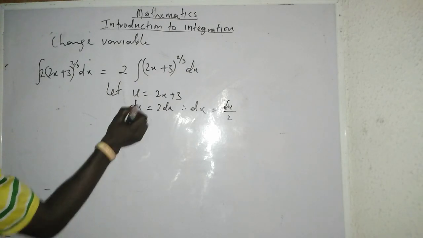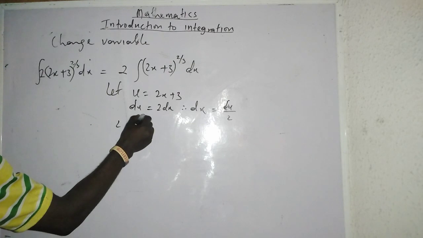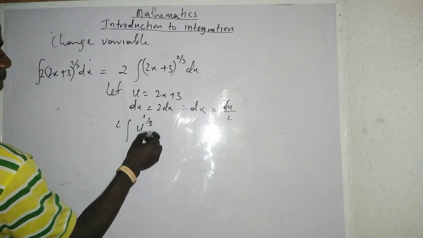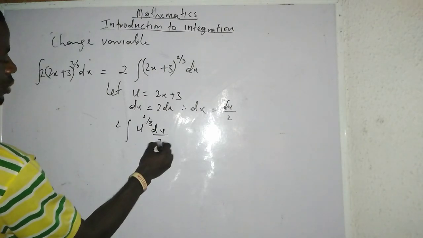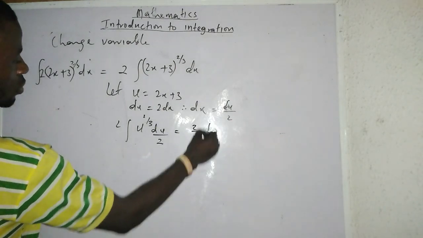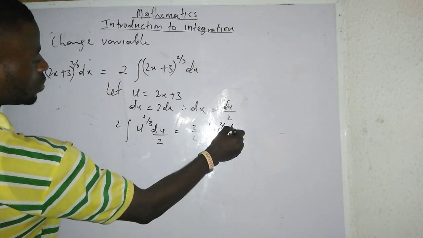I will now move on again. I have my u raised to power 2 all over 3, du all over 2. Which also implies 2 all over 2 integral of u to power 2 all over 3 du.